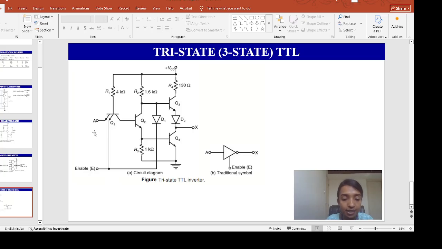In the high Z state, both the transistors Q3 and Q4 are turned off, so that the output terminal is a high impedance to ground or VCC. In fact, the output is an open or floating terminal, that is neither low nor high.